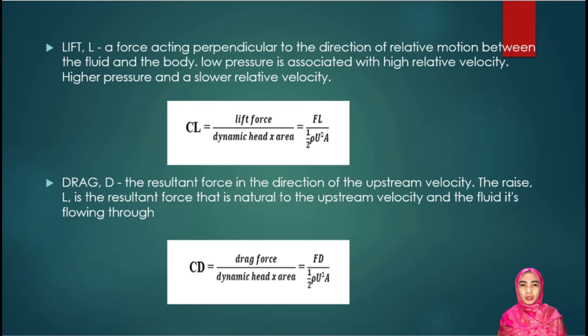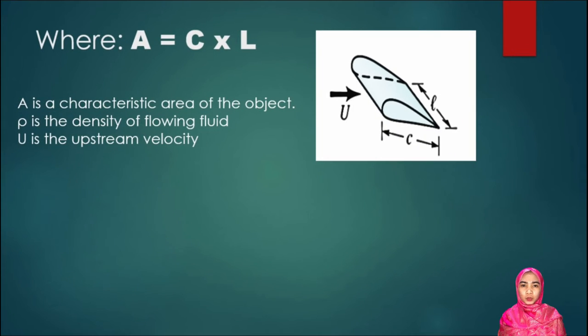Drag is the resultant force in the direction of the upstream velocity. Lift is the resultant force that is normal to the upstream velocity and the fluid it is flowing through. Here is the formula for lift and drag. This part is to calculate the characteristic area of the object for the boundary layer.